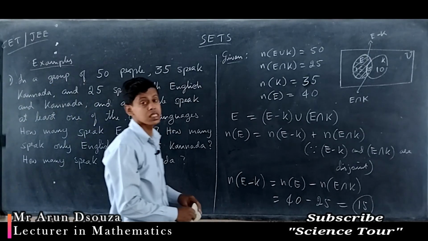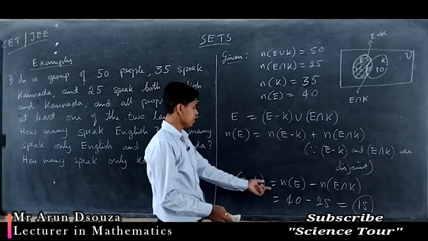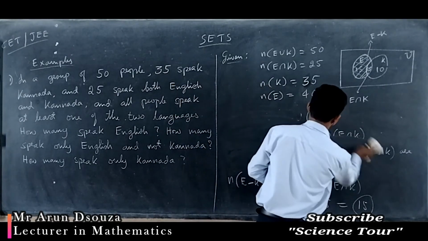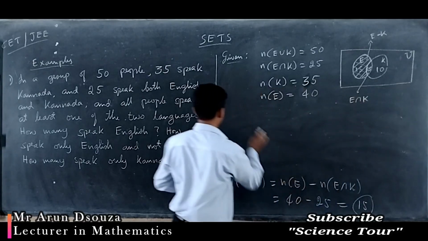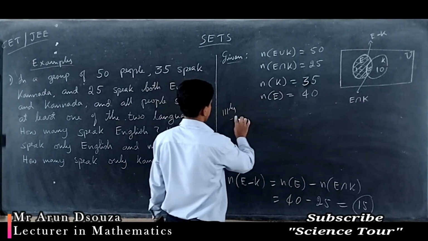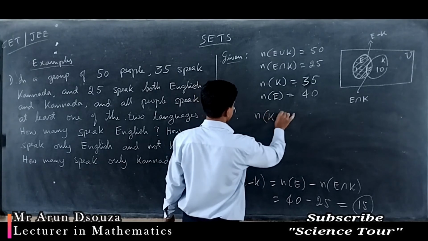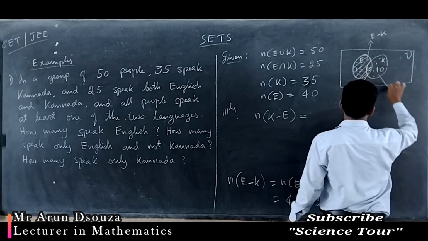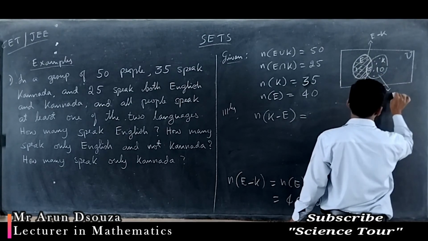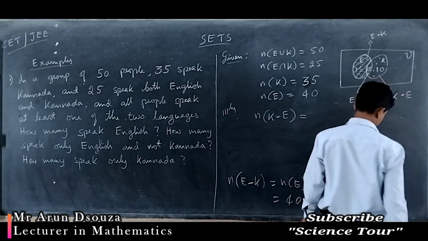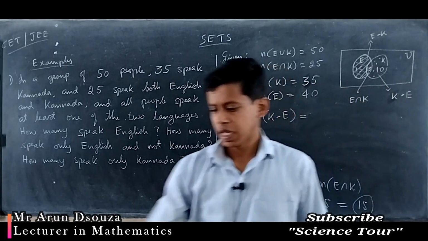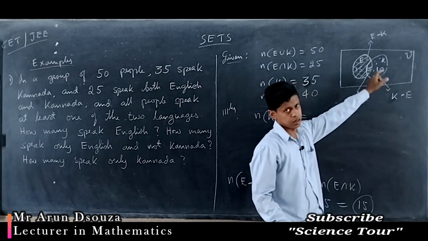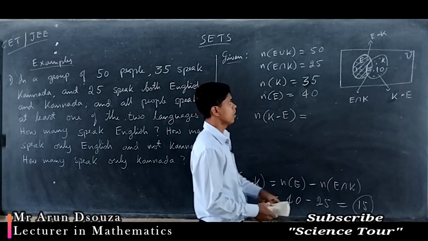So only Kannada means N of K minus E. In a similar way, what is N of K minus E? This region. See, how do you find this?